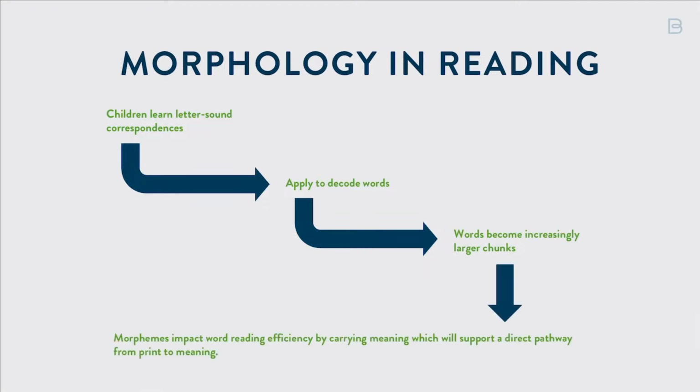Morphemes impact word reading efficiency by carrying meaning, which will support a direct pathway from print to meaning. Of course, our ultimate goal in reading is going to be comprehension, understanding the meaning behind words. And when students are versed in morphology, they can make that direct connection.